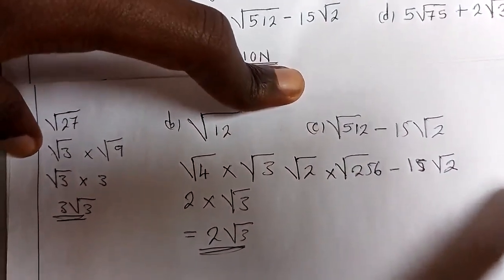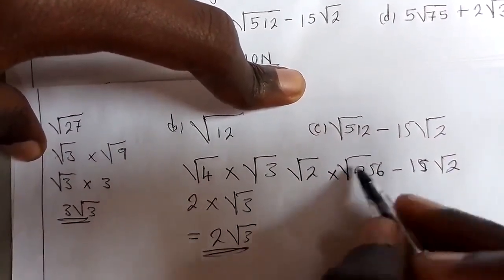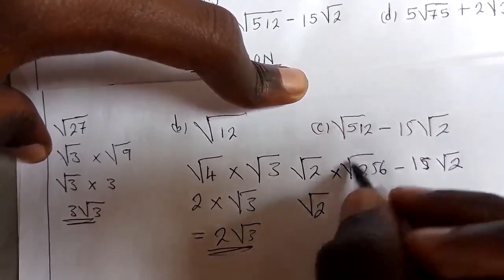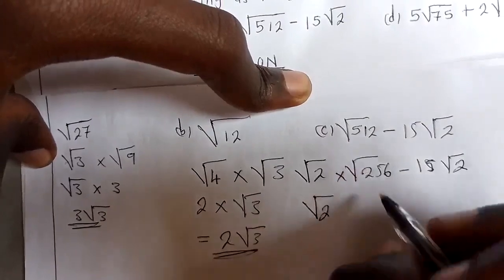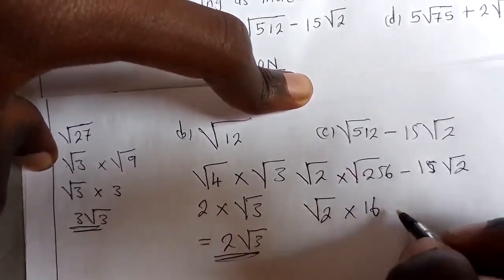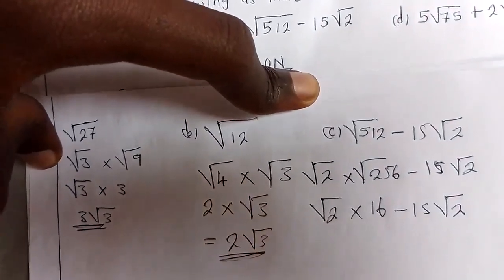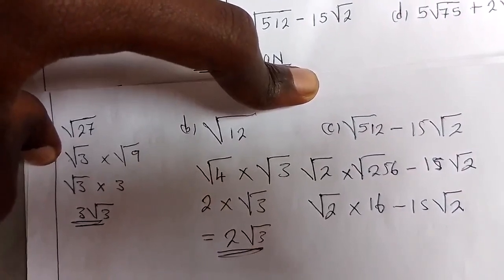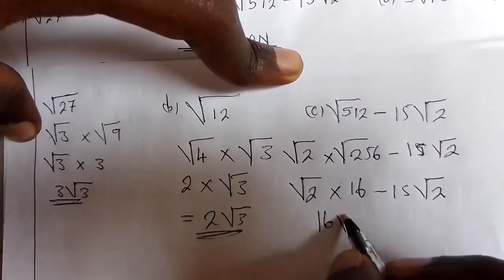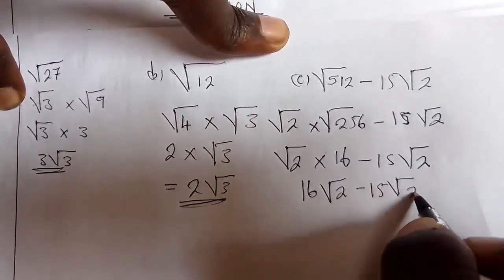Now when we reach here, we know that this is a perfect square. In other words, we can find the square root of this. What's the square root of 256? It is simply 16, so we have 16 root 2 minus 15 root 2.